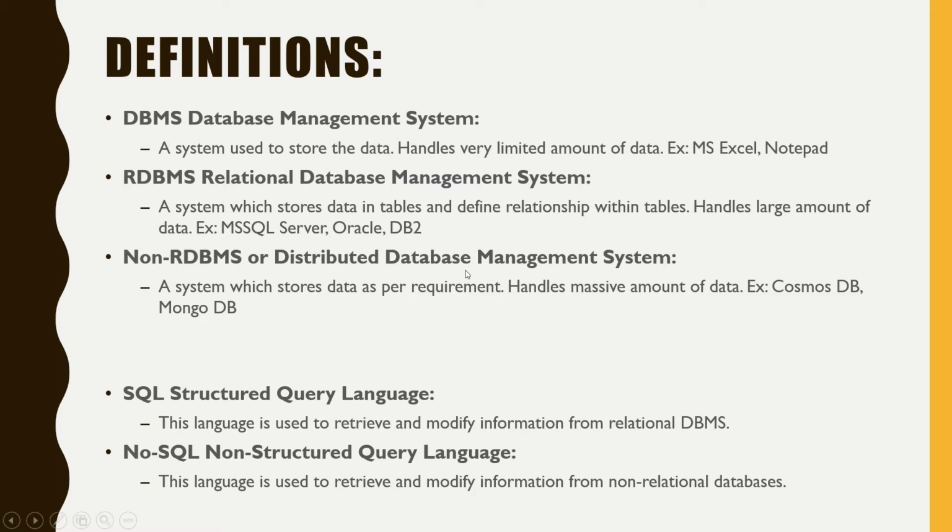Non-relational or distributed database management system stores data as per requirement. It can handle massive amount of data. Examples are Cosmos DB and MongoDB. Now next is scripting language used to work on these DBMS systems. SQL, that is structured query language, is used to retrieve and modify information from relational DBMS, whereas NoSQL, that is non-structured query language, is used to retrieve and modify information from non-relational databases.